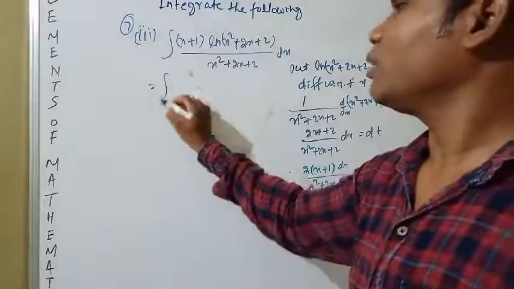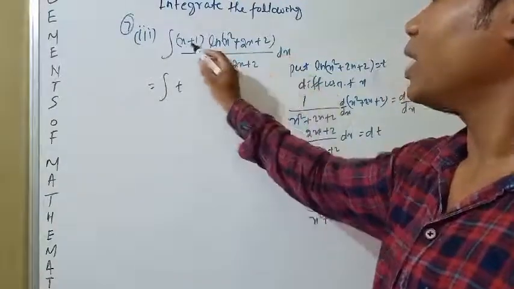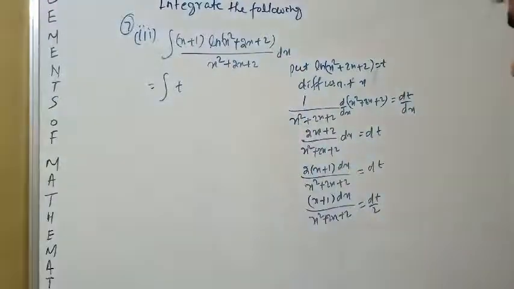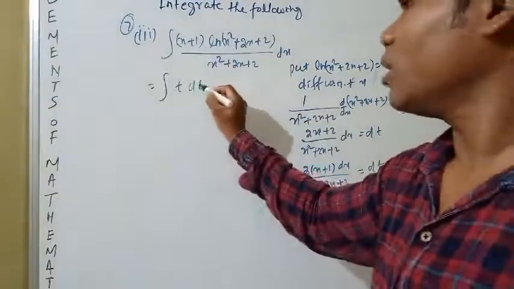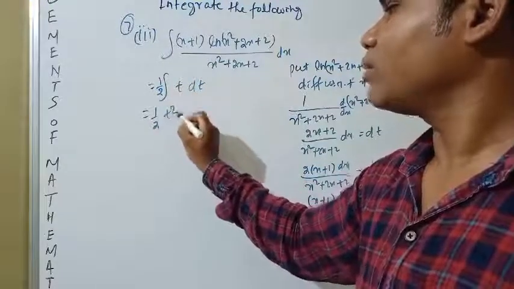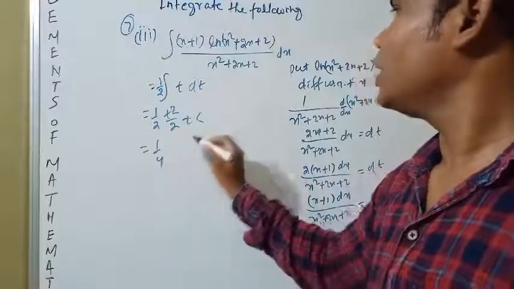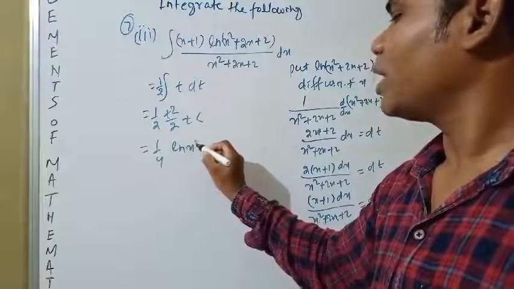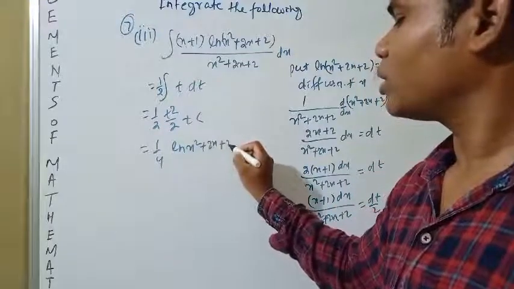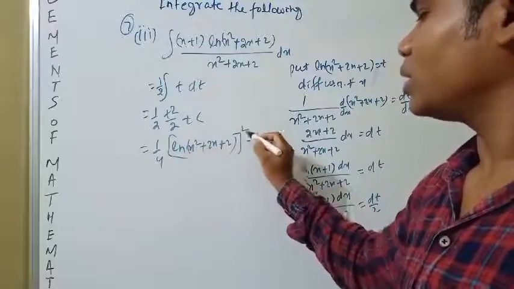So this is equal to integration, we have taken t, all total x plus 1 dx by x square plus 2x plus 2 is equal to dt by 2. I can write 1 by 2 here, that is 1 by 2 t square by 2 plus c, is equal to 1 by 4. T is equal to ln x square plus 2x plus 2, whole square, plus c.